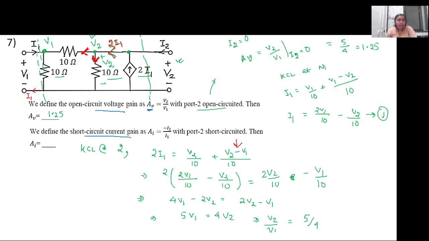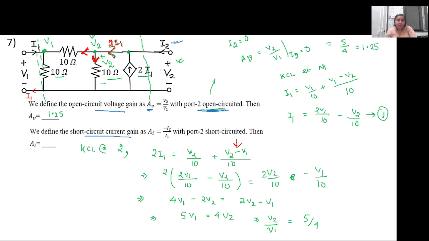Whenever we write anything for the two-port network, there will be a condition. For example, in this case port 2 is open circuited, that is, the output circuit is open circuited and no current is flowing in it.